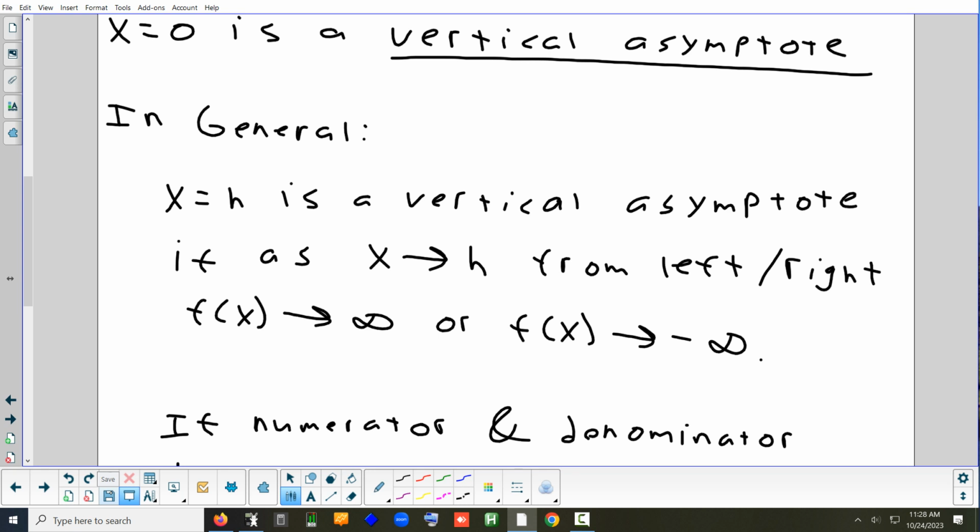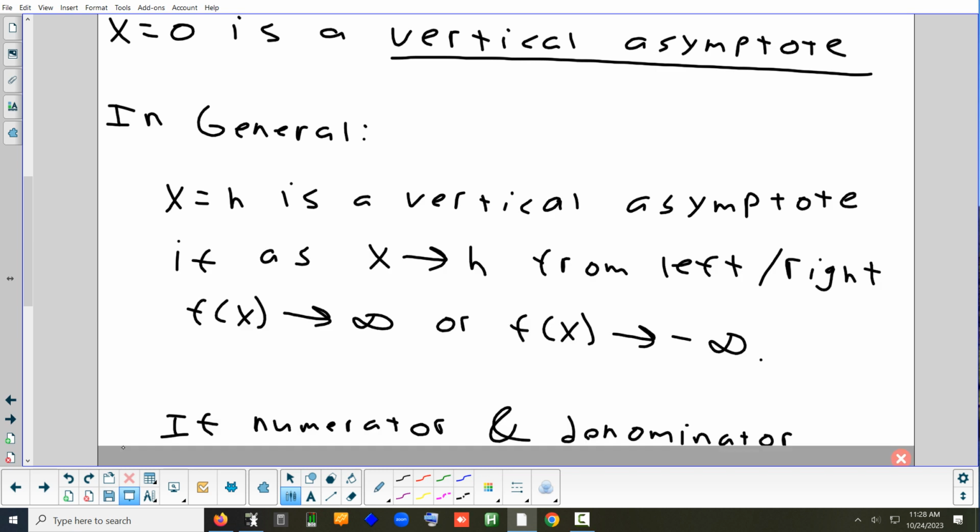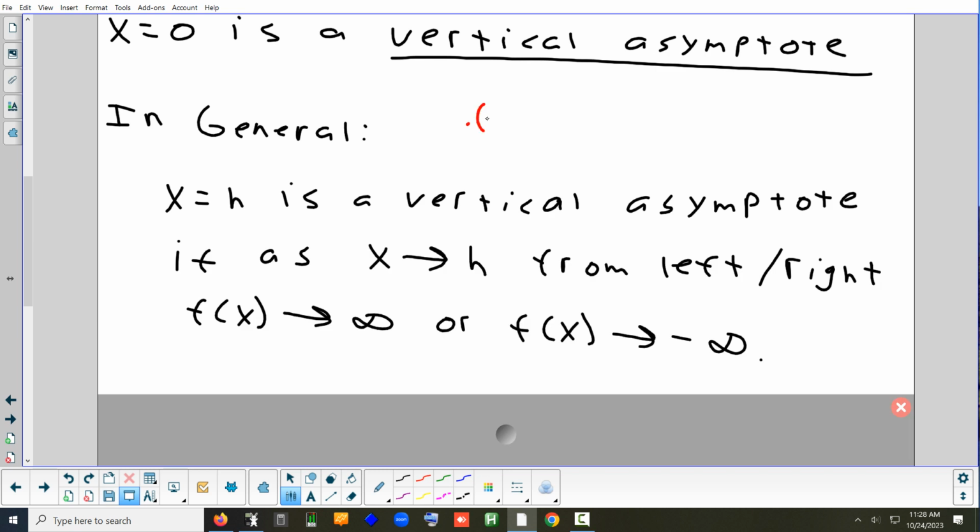So if I had something, let's just say I had something like this. Think of the number that you can't use for x, and that's the vertical asymptote. So what number are you not allowed to use for x there? 4.